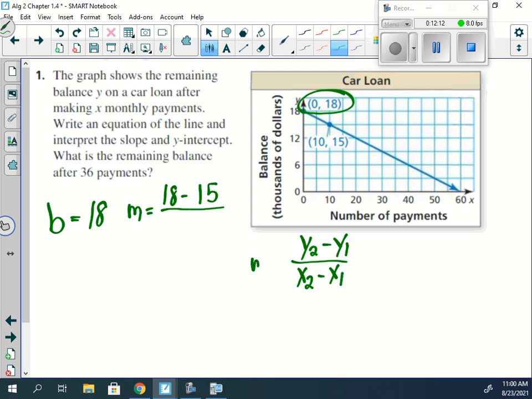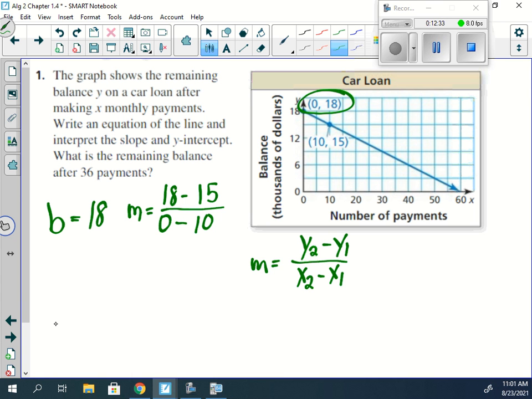Now for our slope, this time we're using the y2 minus y1 over x2 minus x1. So we picked 18 minus 15. So the x value that goes first would be what? 0. Because again, since 18 went first, its x value has to go first.